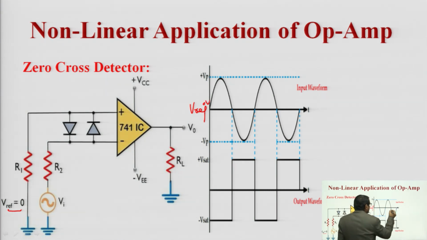This is the input waveform, and this is the cut line where the V reference and the sine wave touch each other. When the sinusoidal signal crosses 0, the output changes from minus V set to plus V set or plus V set to minus V set.